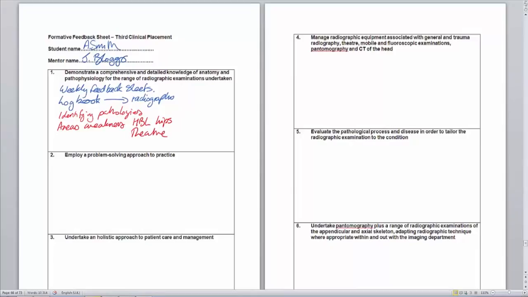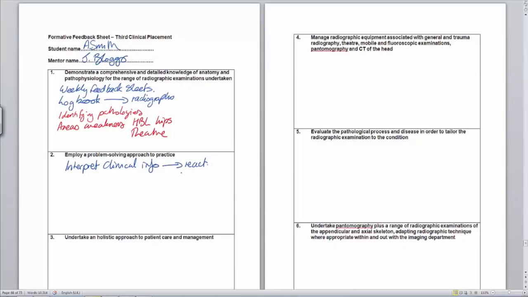So this second learning outcome can essentially involve a two-stage process for the student. What you want to get from them is how they interpret clinical information, and also how they would react to that.